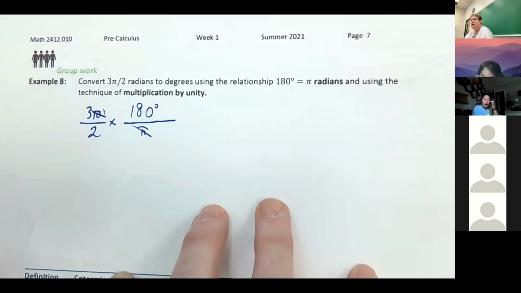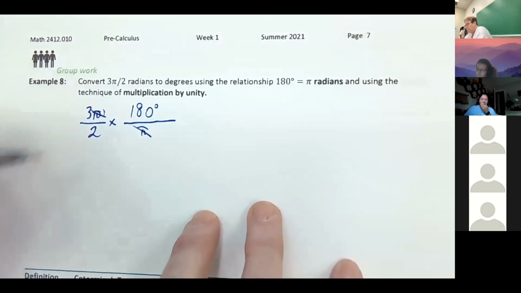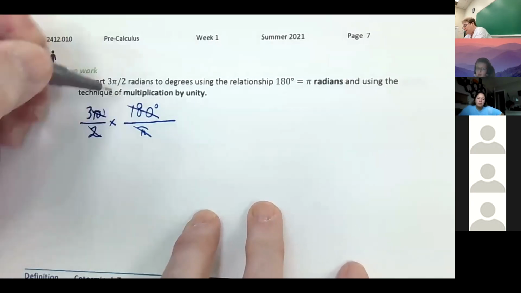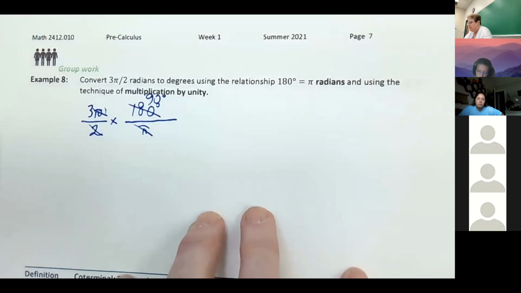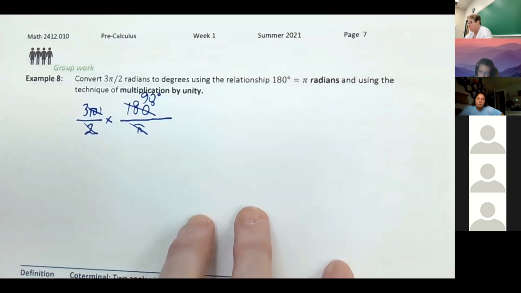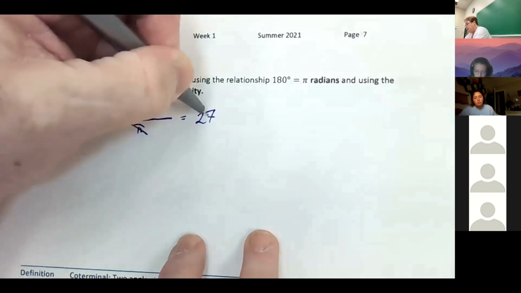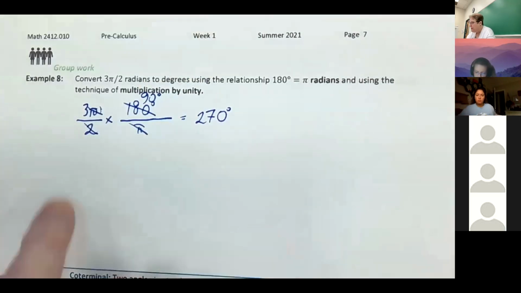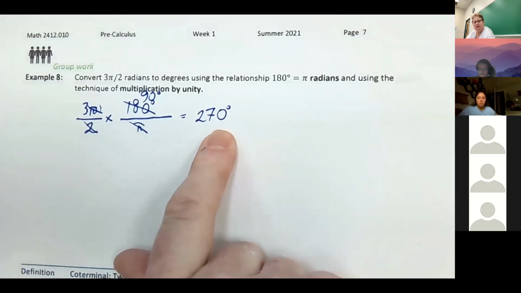Can we cancel anything else out? Can we reduce it? Yes. Okay, great. And now it's a lot easier to multiply. 3 times 90 is 270 degrees. So 3 pi over 2 is exactly 270 degrees.